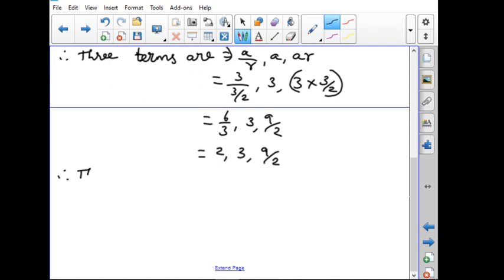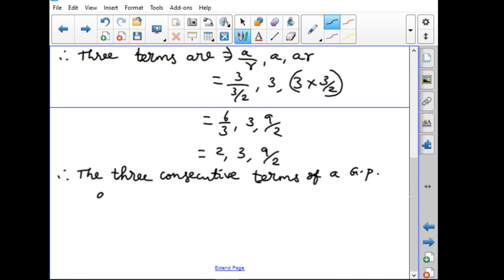Therefore, the three consecutive terms of a GP are 9 by 2, comma 3, comma 2.